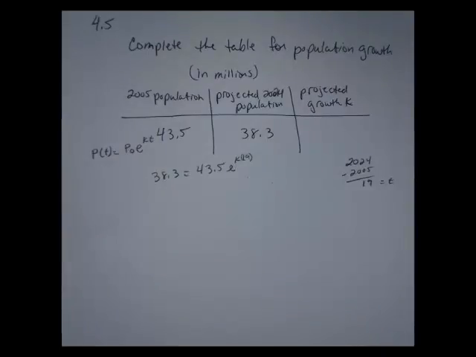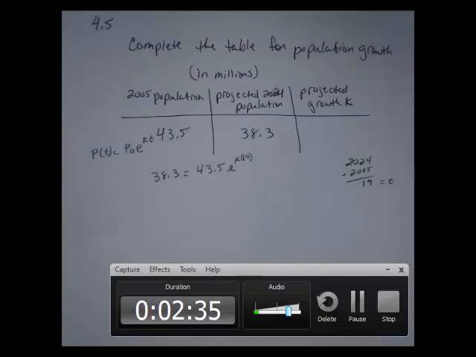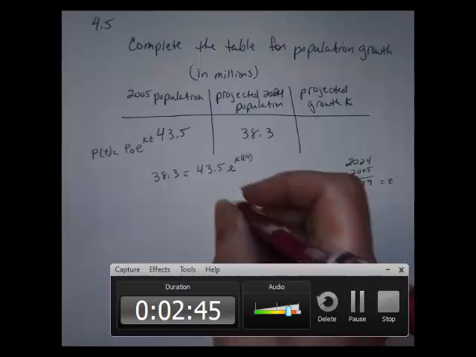So how do we solve this? Well, we've got to solve for K. So we're trying to get K down out of the exponent. We can't leave it in the exponent to solve it. So we're going to do things that we've similarly done.